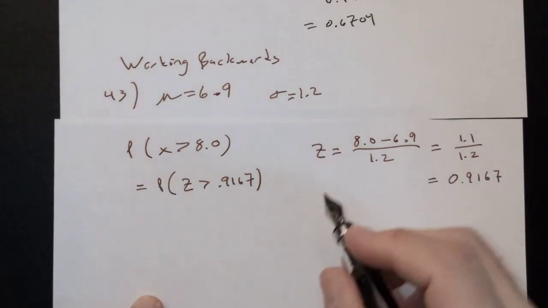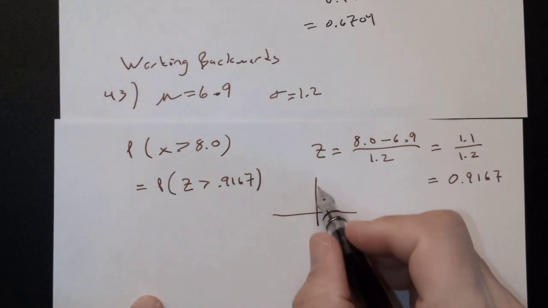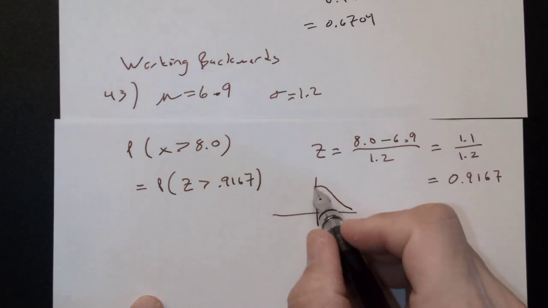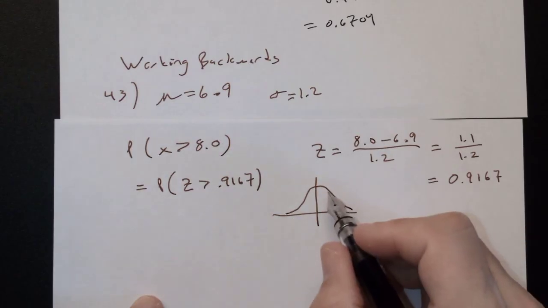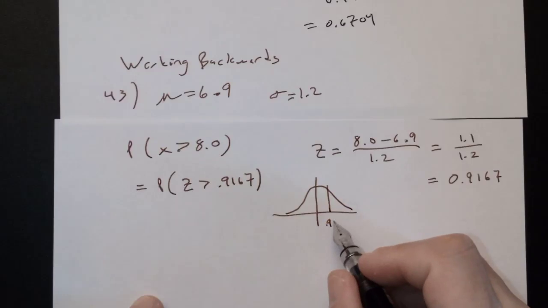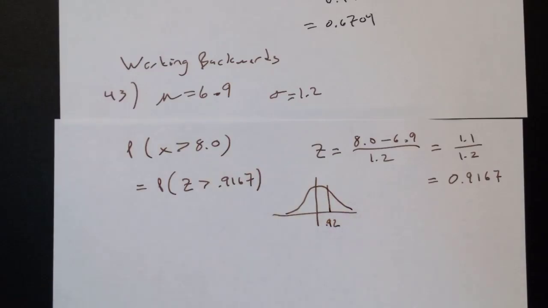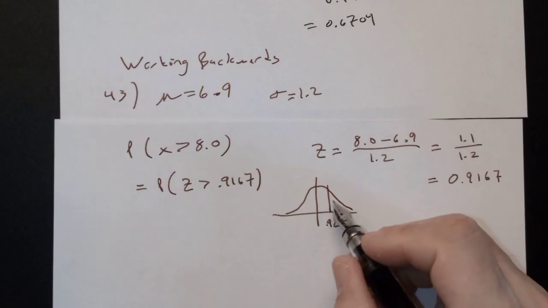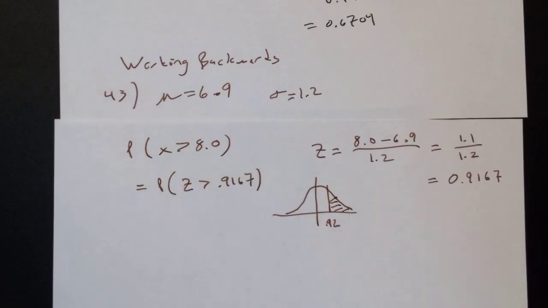Even a crappy picture is going to help. 0.9167. If I'm dealing with my chart, I need to use 0.92. You can find on the table 0.92 and then 1 minus that. I want this piece over here.